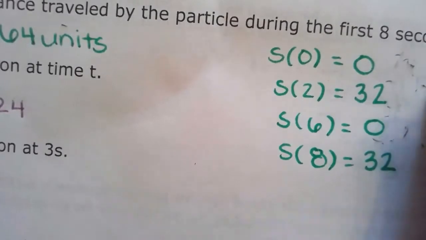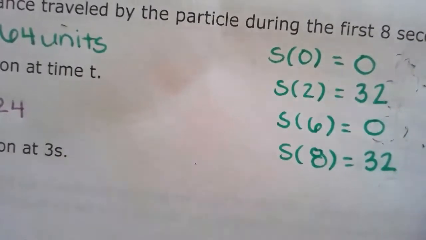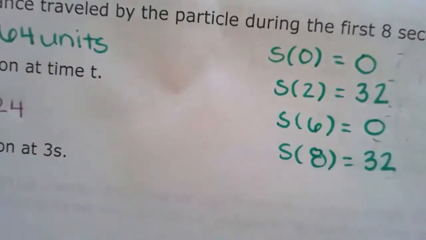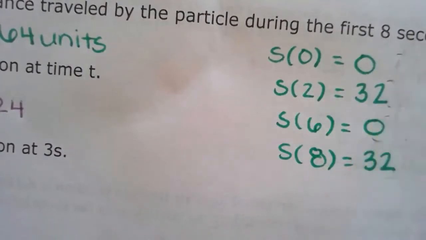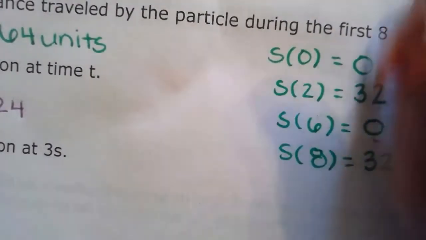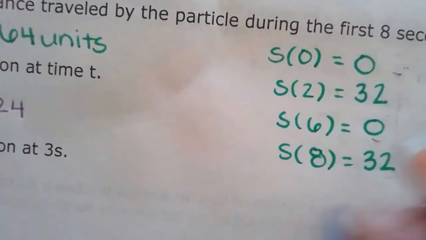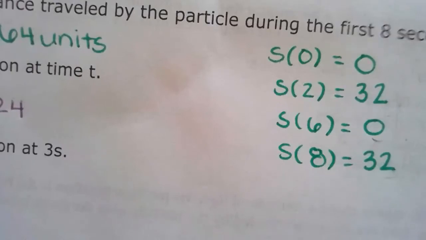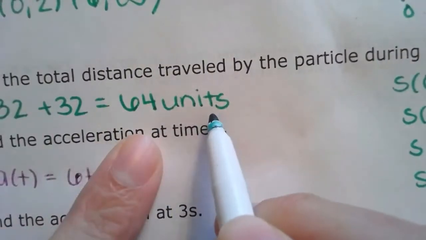So it's fairly easy to see that the particle moved in a positive direction from 0 to 2, 32 units, and it moved in the positive direction from 6 to 8, 32 units. So that's where the 64 units, and this would be moving forward.